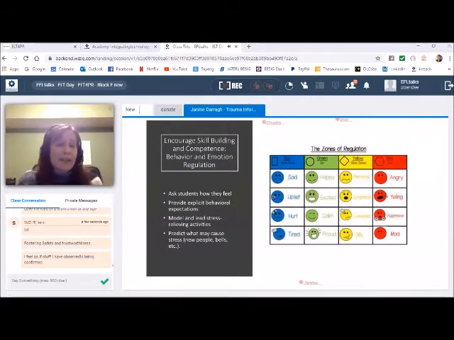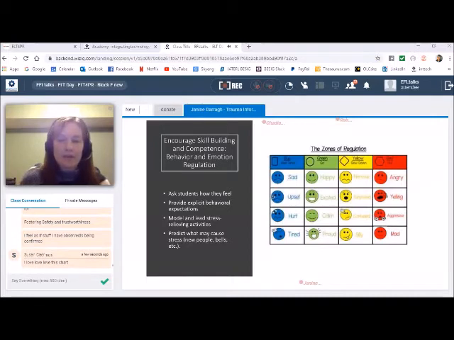Another thing that can become important is helping students, again, at any age, to identify how it is they're actually feeling. If we can identify that emotion, sometimes that can help us to move through it. So I really love this chart. I use it with all age levels, and with brand new English language learners, I just have them put a marker of how they're feeling, and I have a quick visual.